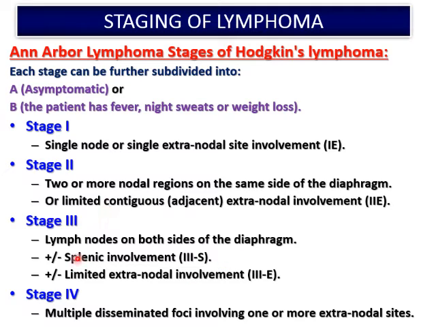Stage 3 means that I have lymph node involvement on both sides of the diaphragm, above and below the diaphragm, and we may also have splenic involvement or extranodal involvement in multiple sites. Stage 4 means we have multiple dissemination and presence of lymphoma in multiple lymph nodes and/or extranodal sites.